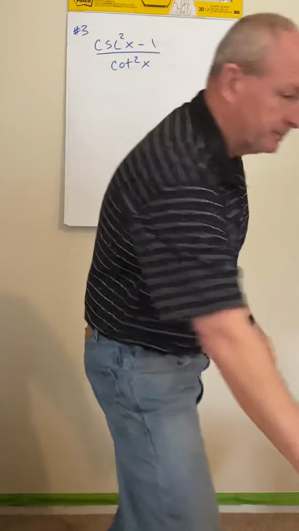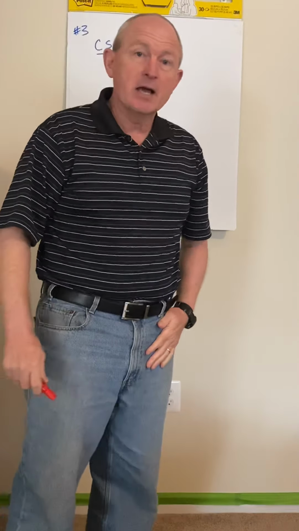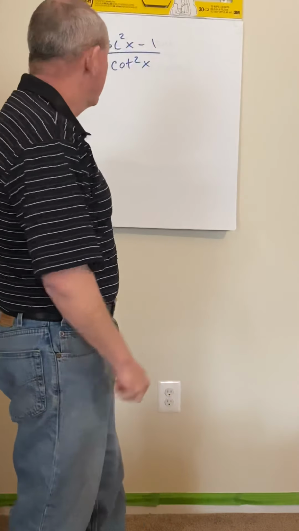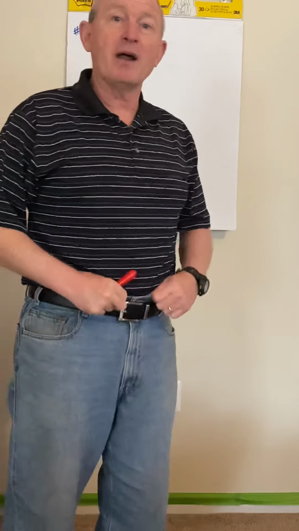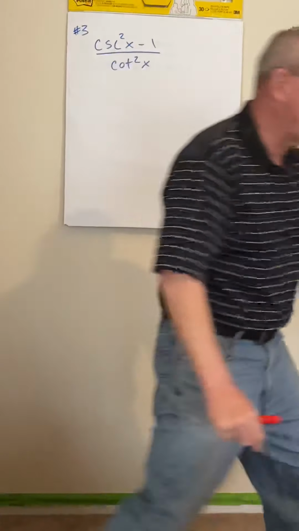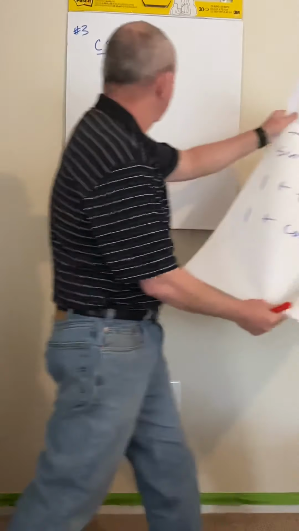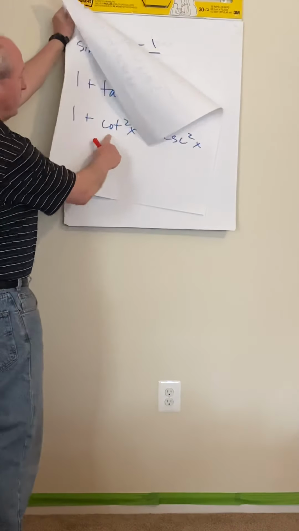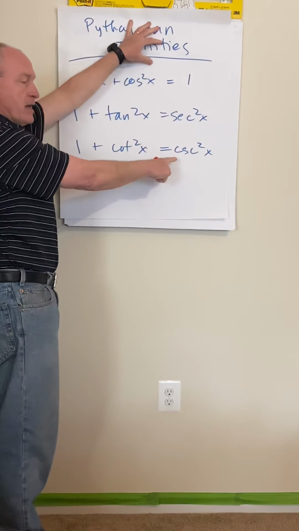And the first one is number 3: cosecant squared x minus 1 over cotangent squared x. I see cosecant squared x minus 1, and I immediately try to remember those Pythagorean identities. The one we're going to look at is this bottom one: 1 plus cotangent squared equals cosecant squared.